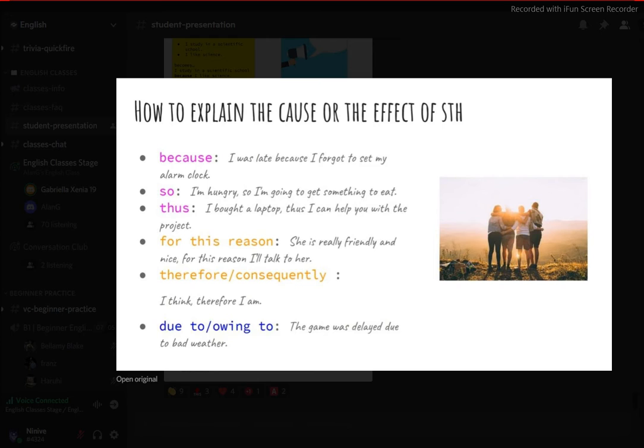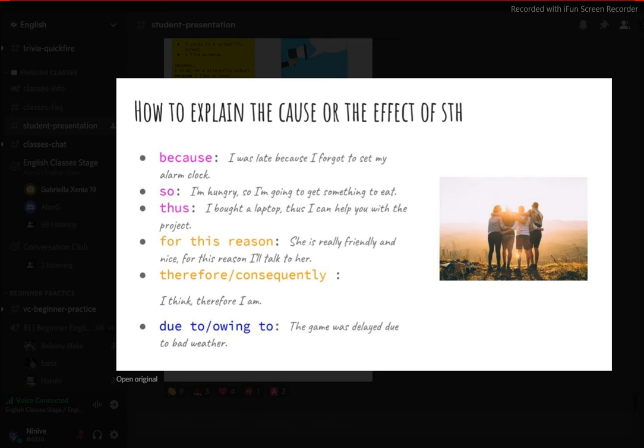So let's focus on the two last pairs of words. We have therefore and consequently. For them, we have an important quote by Cartesio, which is, I think, therefore I am. So, therefore is used to explain the effect of something, and in this situation, it is used to explain the effect of the action of thinking.